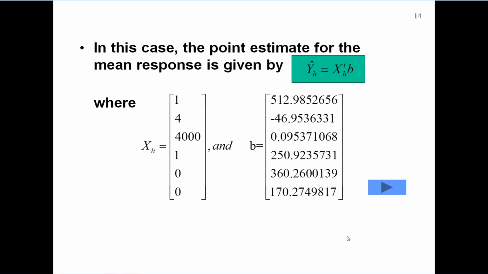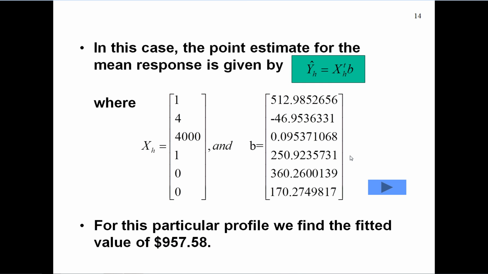And in this particular case, we're interested in a family of size 4 with $4,000 in debt, living in location 1, so our loc 1 qualitative dummy variable is a 1, loc 2 and loc 3 then are both zeros, and if we simply multiply the 1 times 512 and the 4 times minus 46.9 and the 4,000 times 0.09 and the 1 times 250 and the 0 times 360 and the 0 times 170, that is, if we do this computation of taking x sub h transpose times b, we get a result that is $957.58.